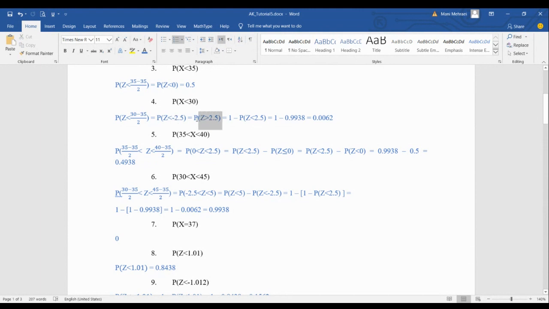And when you reach this part, again, we should consider the complement of that because we should read everything in the format of Z less than a number. This is a cumulative CDF. That's why we should always consider Z less than something. So 1 minus the probability of the same number, as you can see. Or directly, whenever you see this negative number, just consider the positive one, but don't forget that we should subtract it from 1.